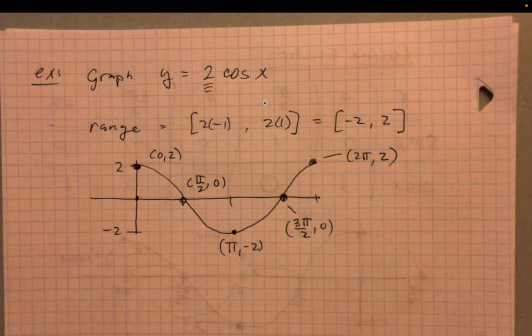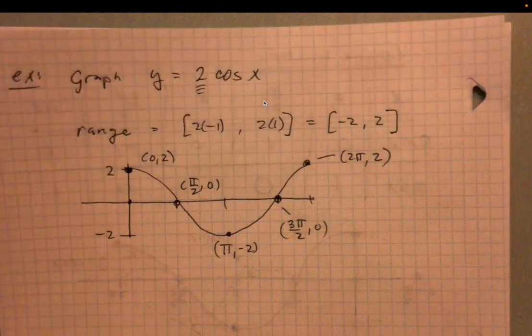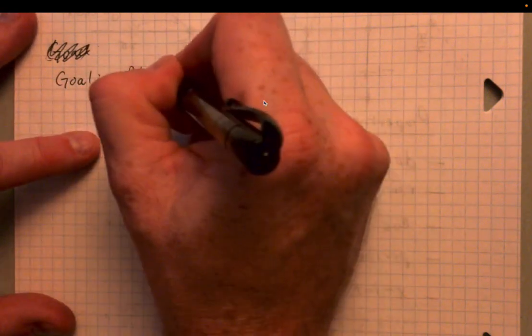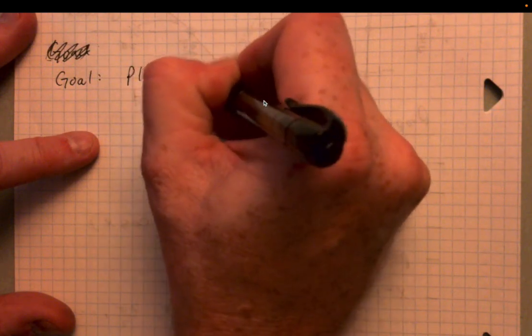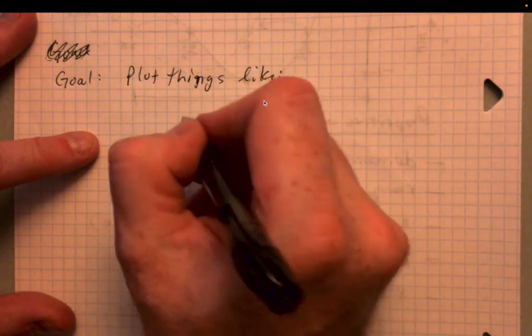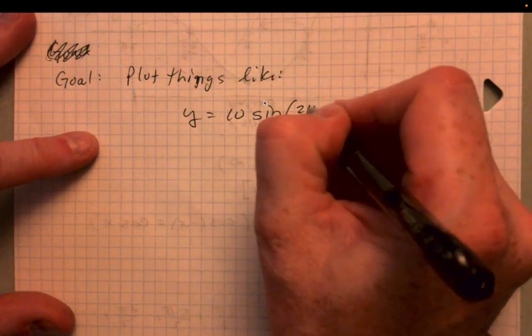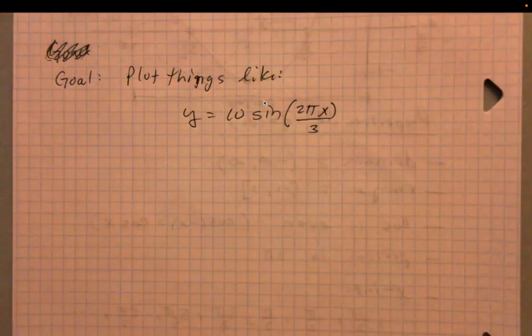All right, so that is the cosine function. Okay, all right, let's dig into this idea of amplitude and period a little bit further. Our goal will be to plot things like y equals 10 sine of 2 pi x over 3, for example.